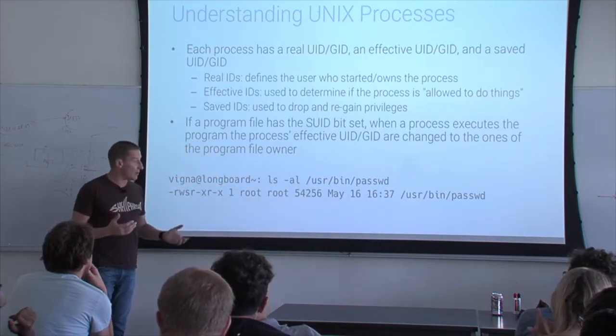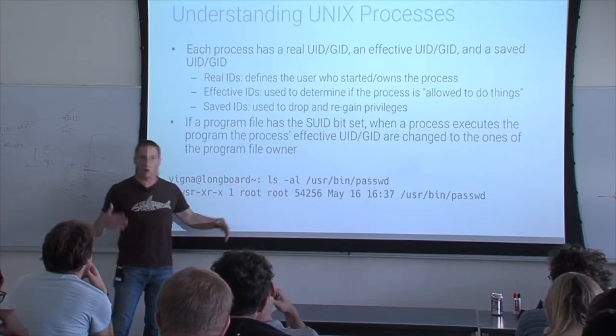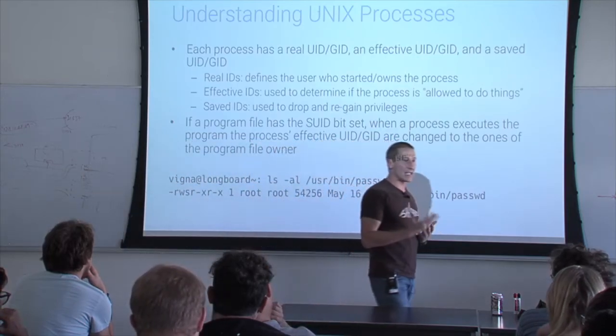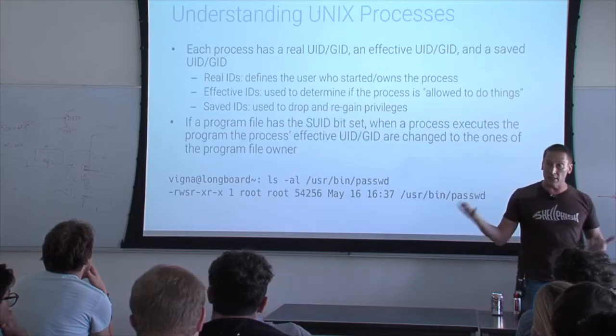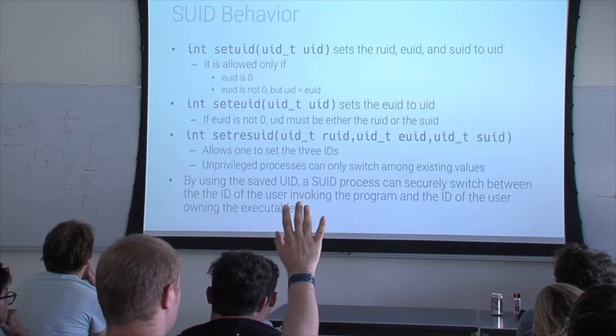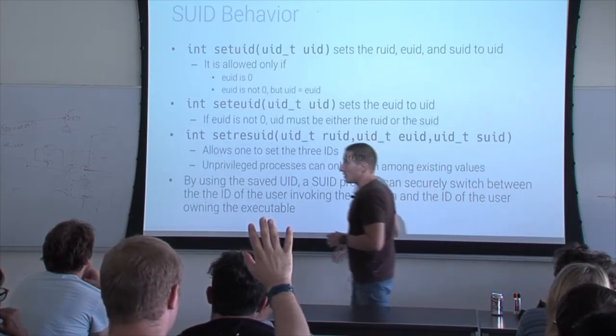But most of the time, you would find some kind of memory corruption vulnerability that will smash the stack, modify the heap, change the state of the program, and lead the program to do things that it should not do otherwise. So it's important to understand the setUID behavior.